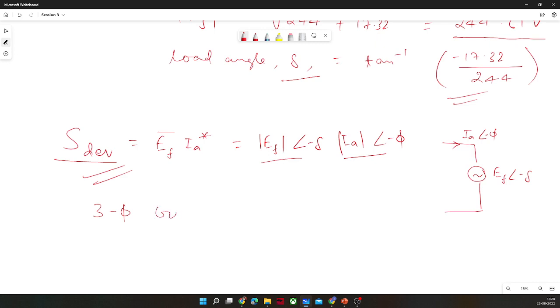Sir, small doubt. Load angle is equal to tan inverse of minus 17.32 by 244. Can you explain this step?